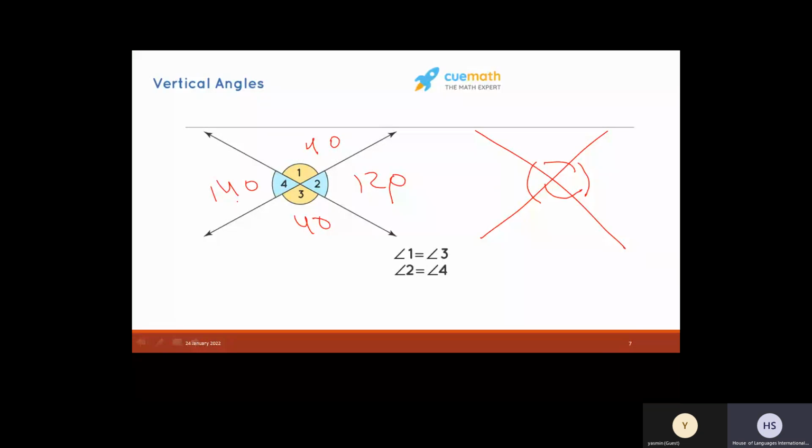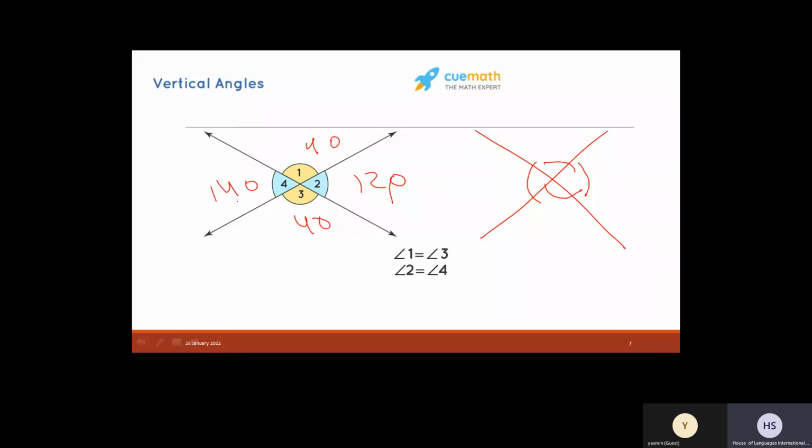What do you mean? I don't understand. Opposite. If they are opposite angles, what do I mean by opposite? One that is up and the other that's down, connected at the same point. Or one on the left and one on the right, connecting at the same point, so they are opposite.